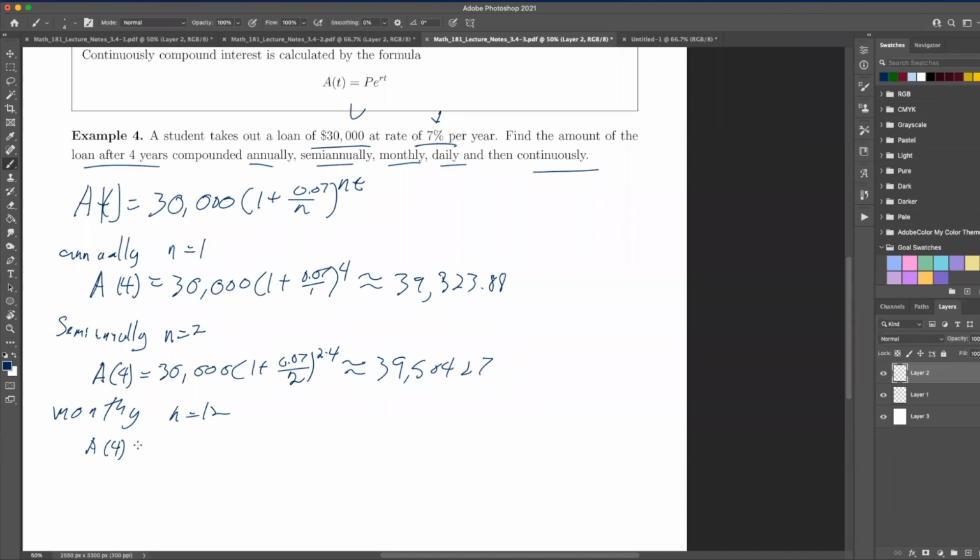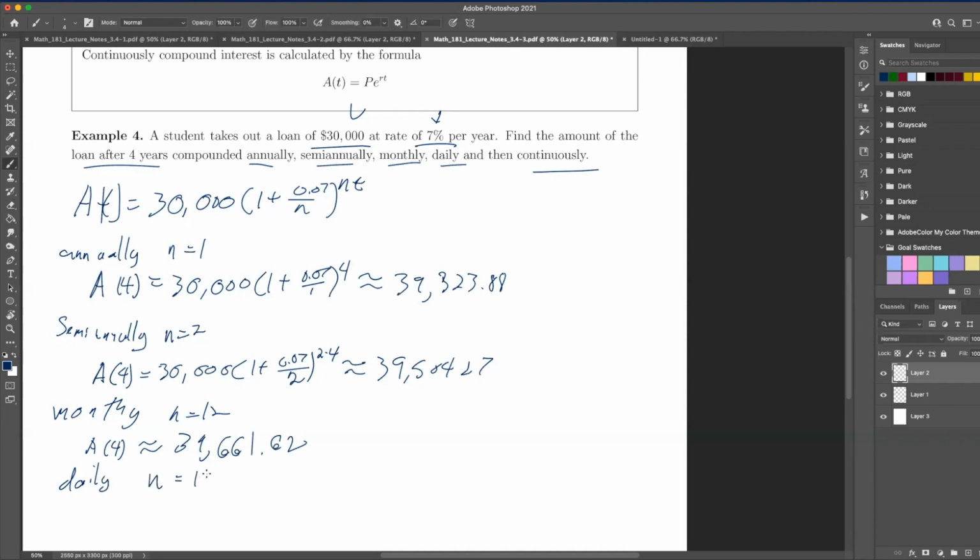I'm just going to give you these last two numbers; you get how to type it in. For monthly, it is 39,661.62.